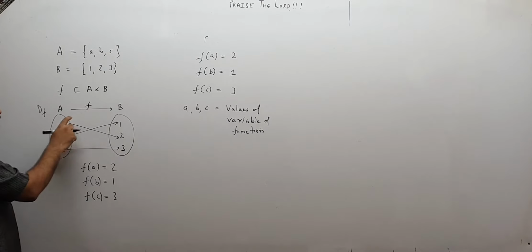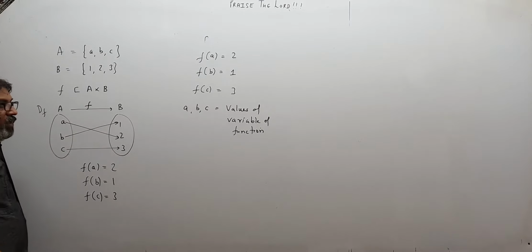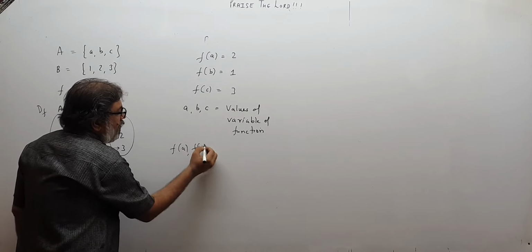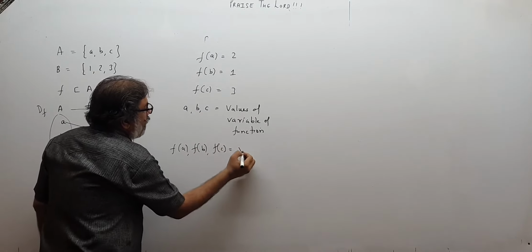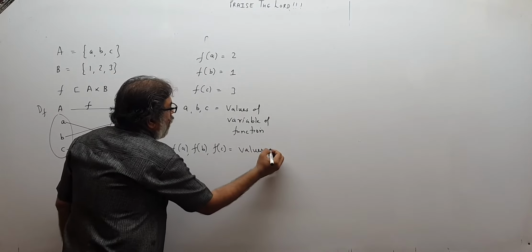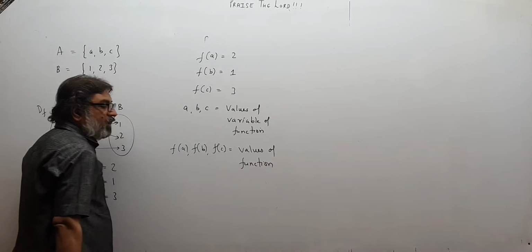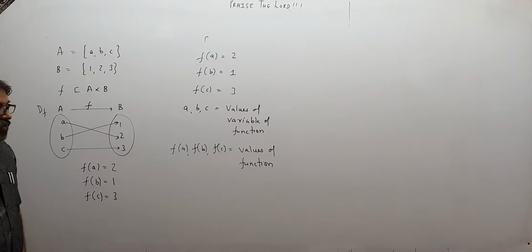So the variable can have value A, B, C, and f of A, f of B, f of C are called values of the function. They are called values of the function. So these are the values of the function.